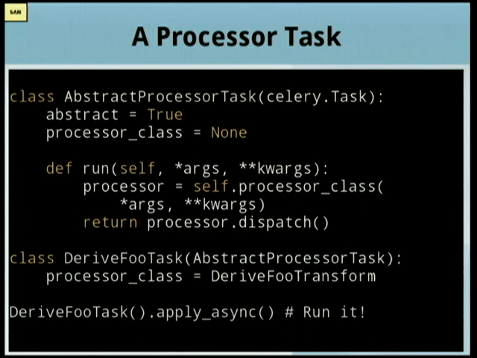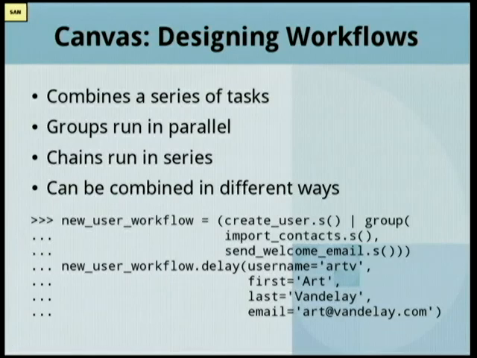So now we've gotten from the point of a transform that can be run to a task that can be run asynchronously. How can this help us from here? On top of Celery, there is a thing called Canvas. Canvas basically gives you a way to combine these tasks together.